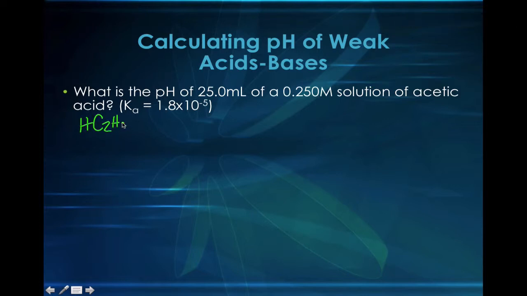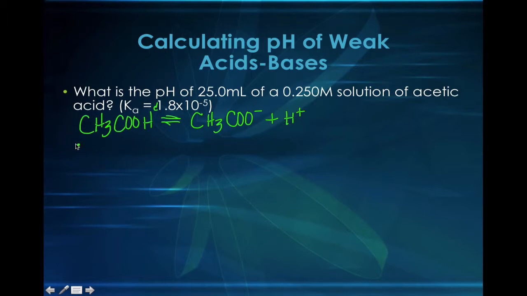Acetic acid is HC2H3O2, but I'm going to rearrange it and write it as CH3COOH. This H on the end is the acidic proton; that's the one that's going to leave. We're dealing in equilibrium, so a double-sided arrow. You're going to be left with the acetate ion plus a hydrogen ion. So however much this ionizes, that's what it's going to ionize into.